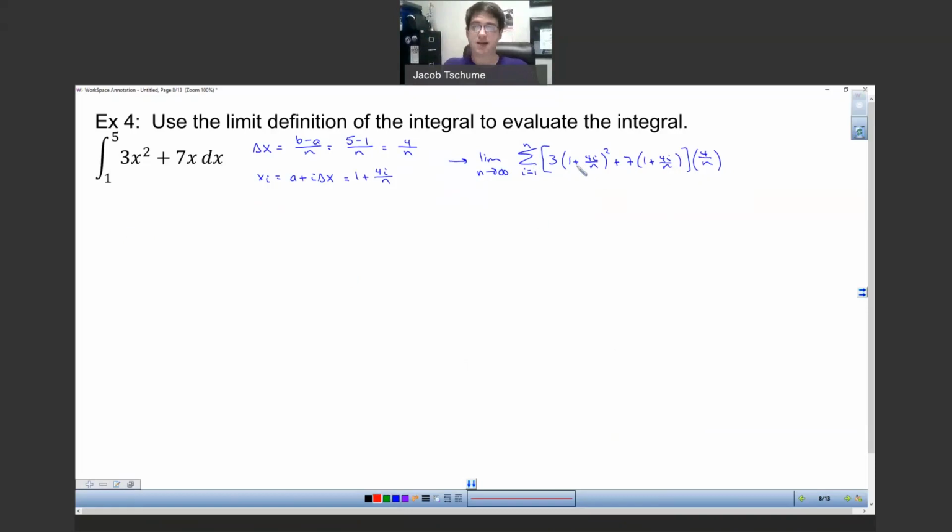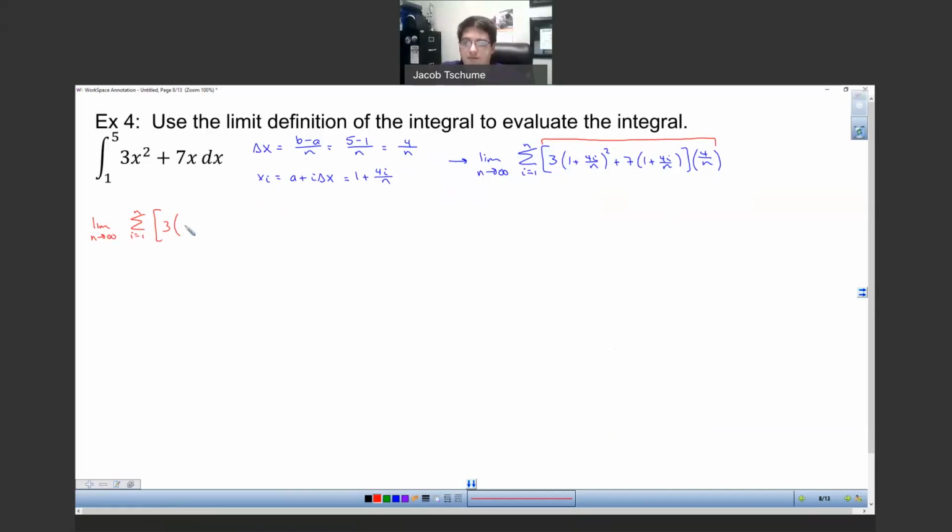Because your job here now is to take all of this and put it all together as common terms, so you need to expand all of that. So this will end up being the limit as n goes to infinity of the summation from i equals 1 to n. So inside of my bracket, the first thing I'm going to do is FOIL (1 plus 4i over n) by itself.